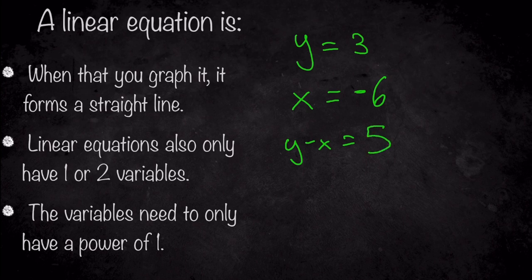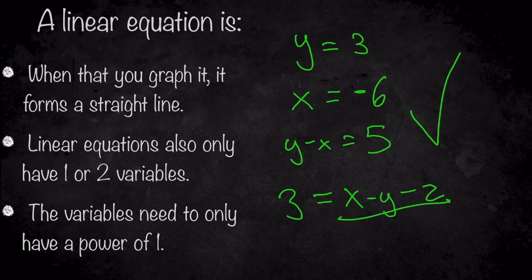These are all good examples of having one or two variables. A linear equation could not be like, let's say, 3 equals x minus y minus z. It has three variables instead of 2 or 1. So this does not count.